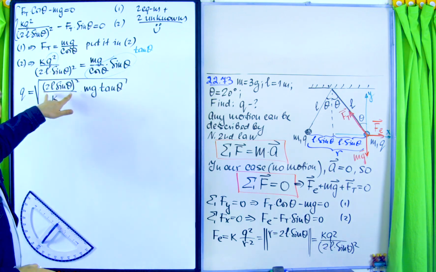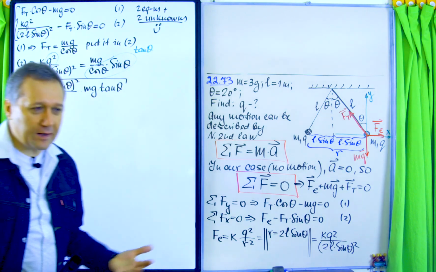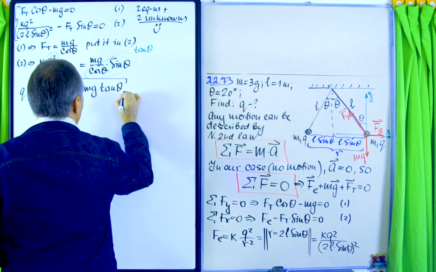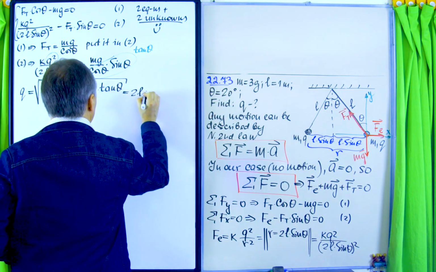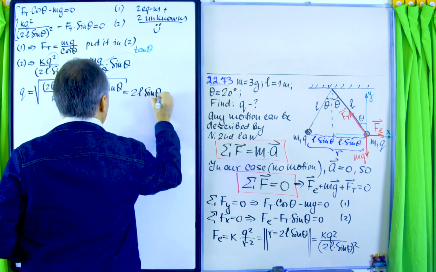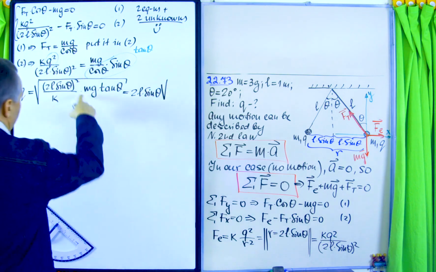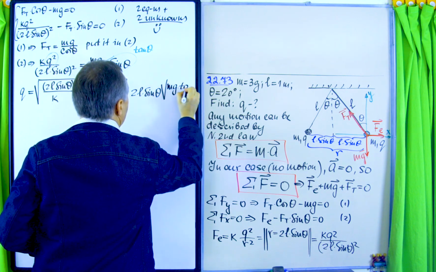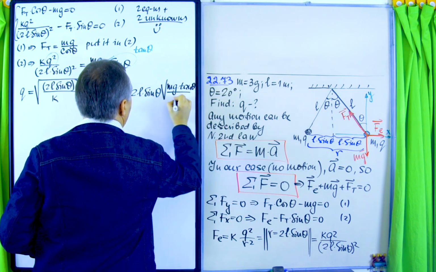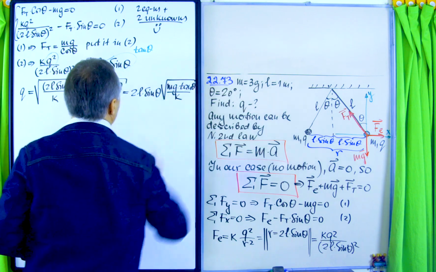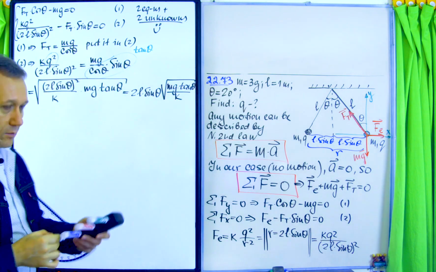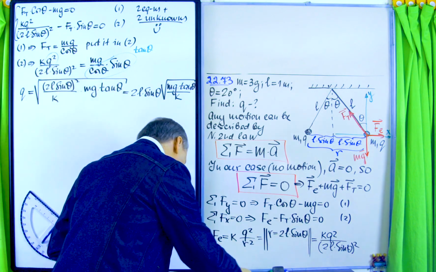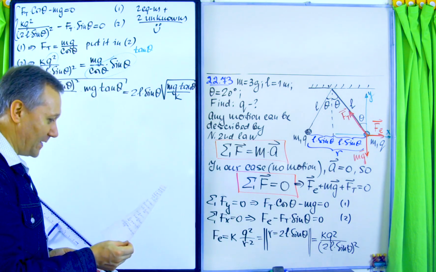Let's extract the square in order to get the final, simplest form of the answer. So it will be 2l sine theta and then the square root of mg tangent theta divided by k. So that's the algebraic expression of the answer. Let me check if I got what I was planning to get. Yeah.